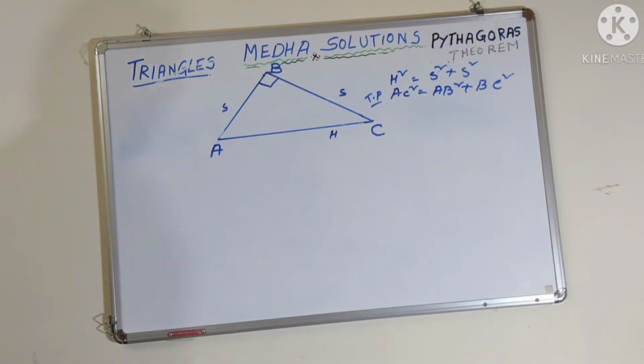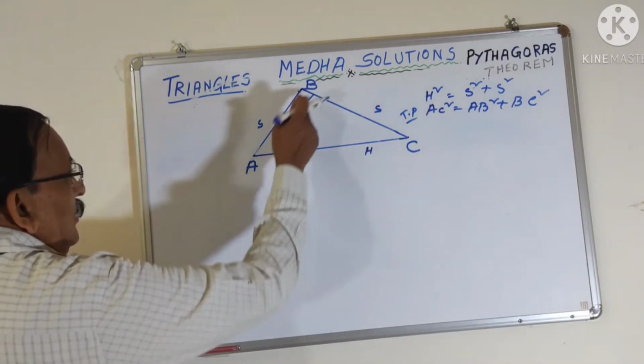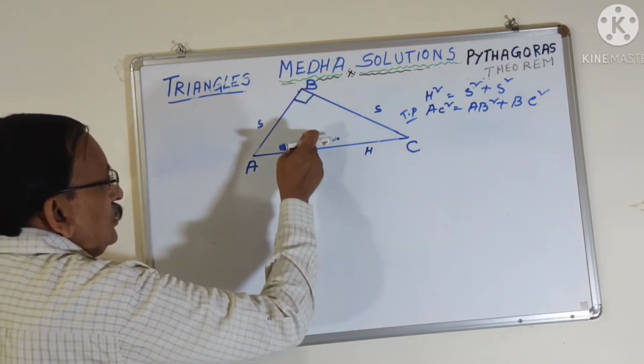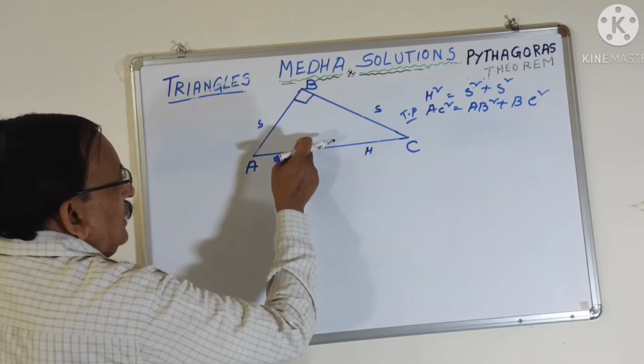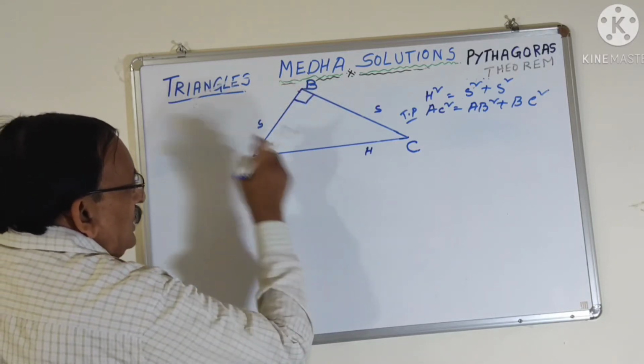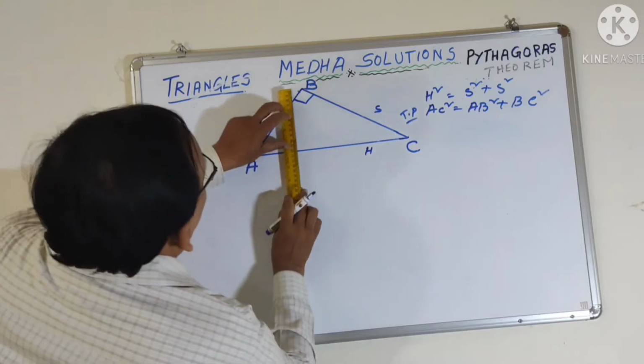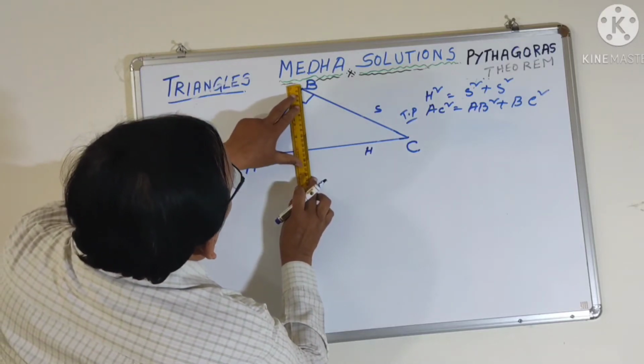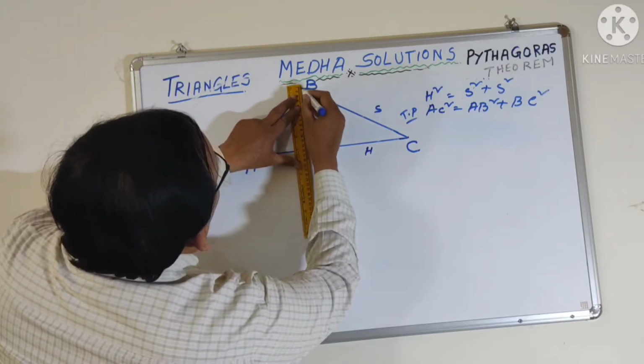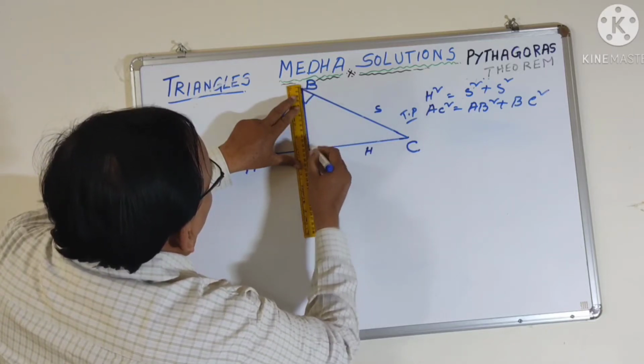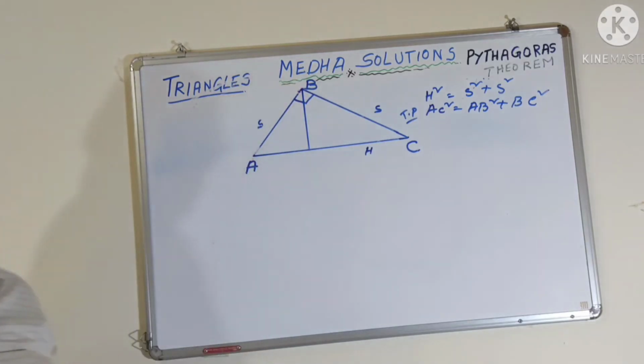Now here I am drawing an altitude inside the triangle from this B on AC. This is the altitude.